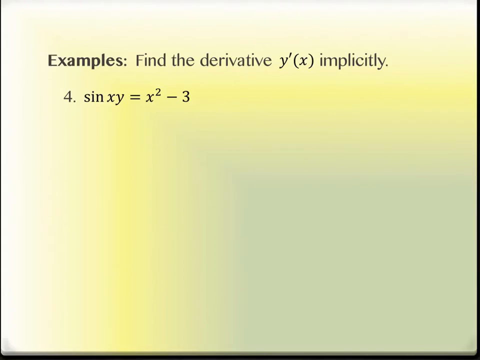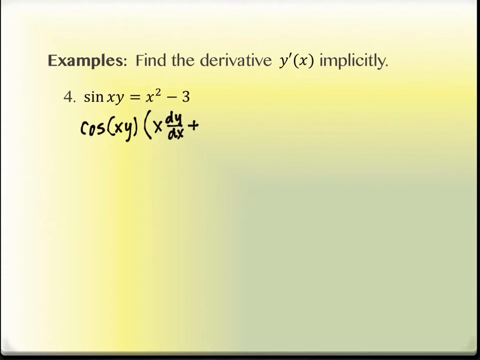What is the derivative of sine? Cosine. And anytime we do the chain rule, we write the angle the same as it already is inside of cosine. But then we need the derivative of the angle xy, and it's a product. So we rewrite x. What's the derivative of y? dy dx.